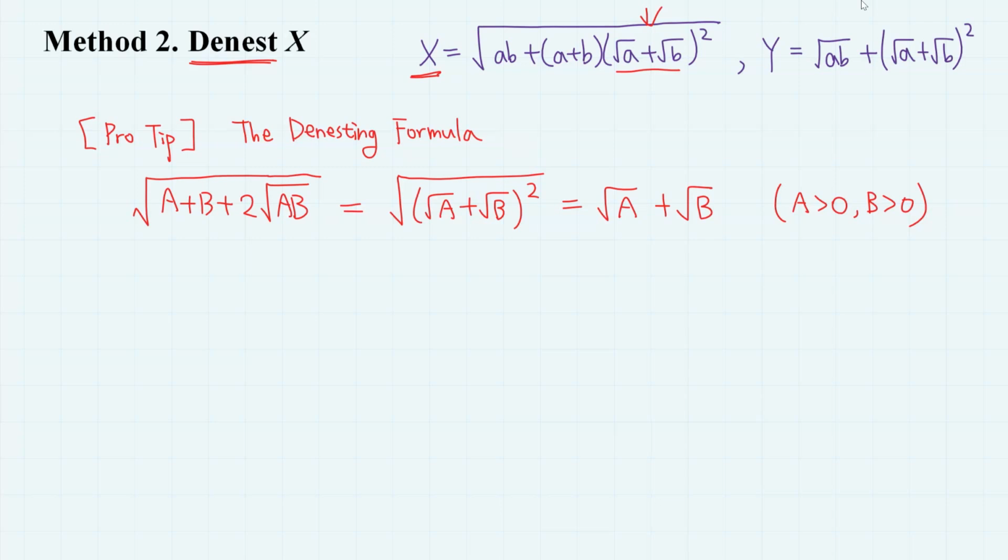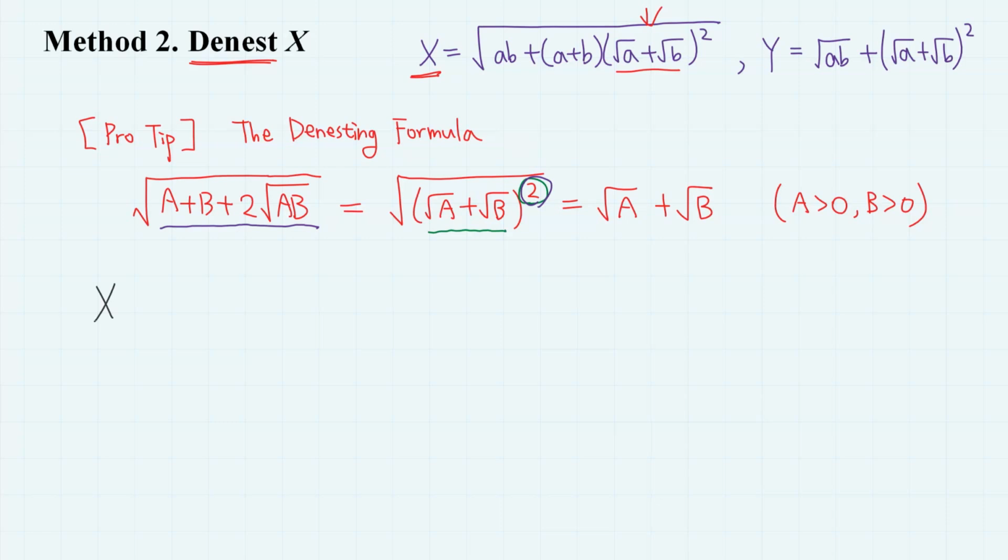We can use this formula if the inner part can be expressed as a plus b plus 2 times square root of ab. In this case, the inner part is the square of square root of a plus square root of b. So while we try to apply this formula to our problem, let's also remember the principle that we are basically trying to express the inner part as the square of something.